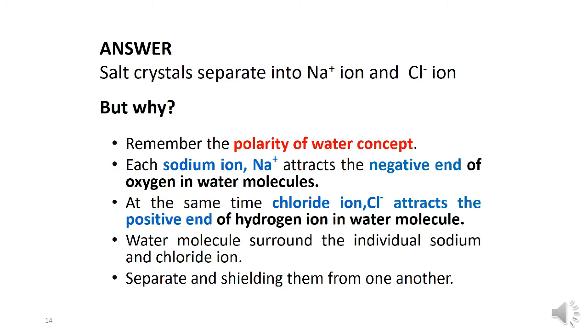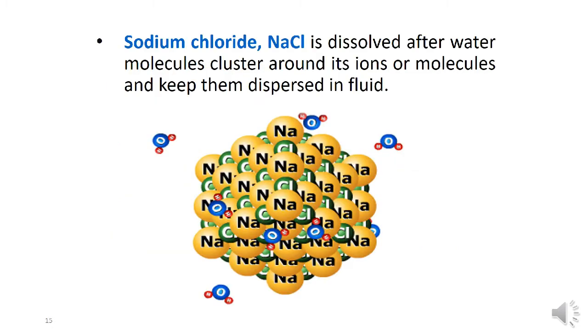So the water molecules will be surrounding the individual sodium and chloride ions, separating and shielding them from one another. This is what we call the hydration shell. The sodium chloride, NaCl, is dissolved after water molecules cluster around its ions and keep them dispersed in the fluid.